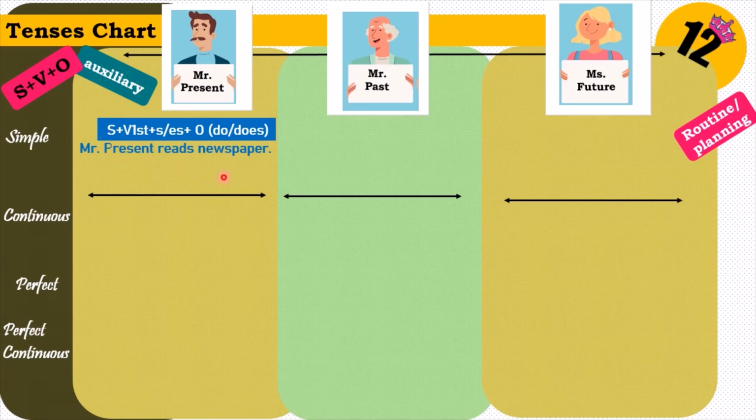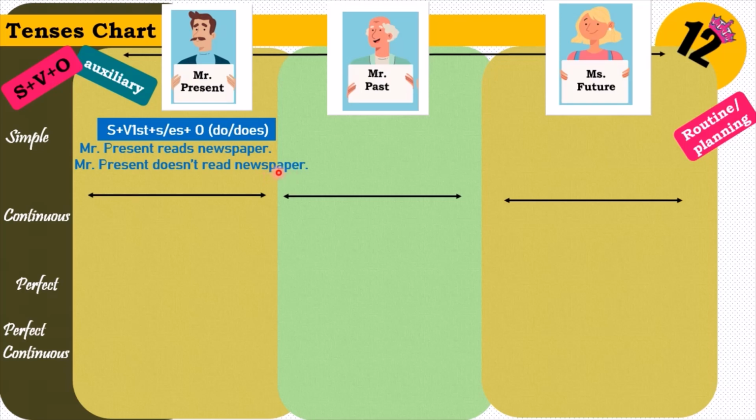Now let's turn it into a negative sentence. Mr. Present doesn't read newspaper. In this sentence, Mr. Present is the subject, read is the first form of the verb, and newspaper is the object with the addition of does.